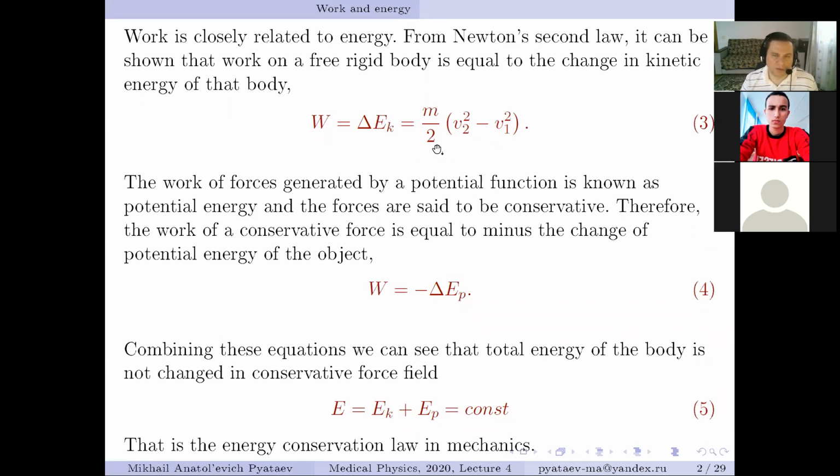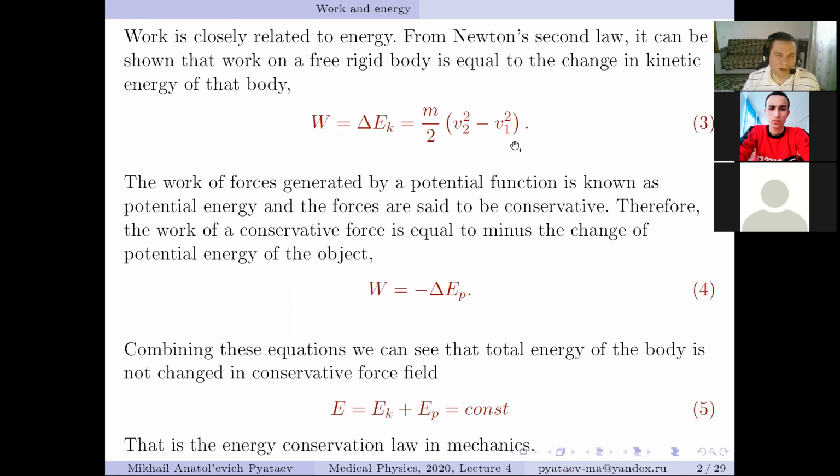The same takes place in the case of integration of velocity, actually integration of Newton's second law along the trajectory in space.